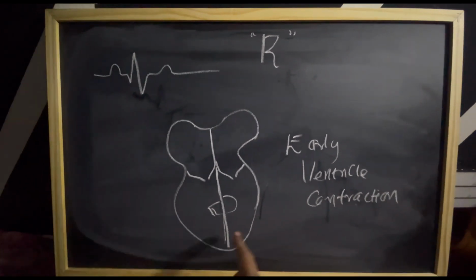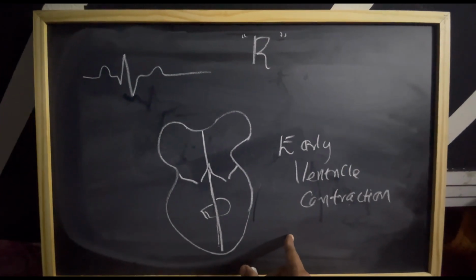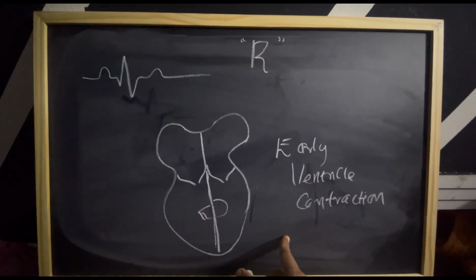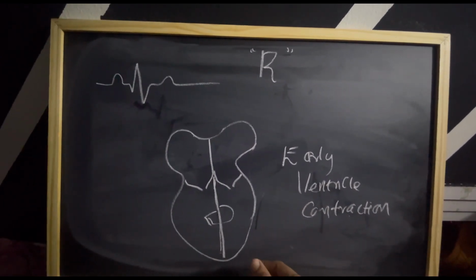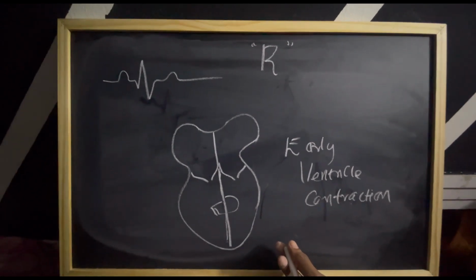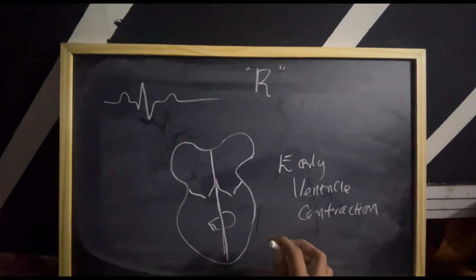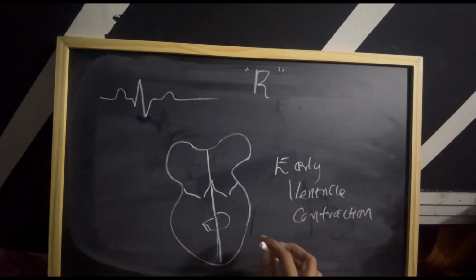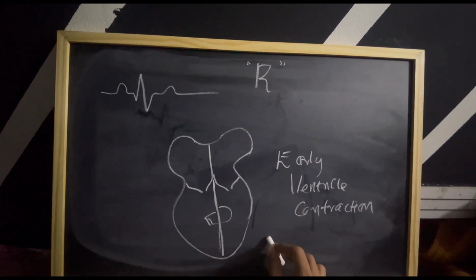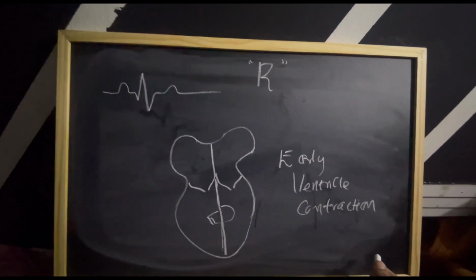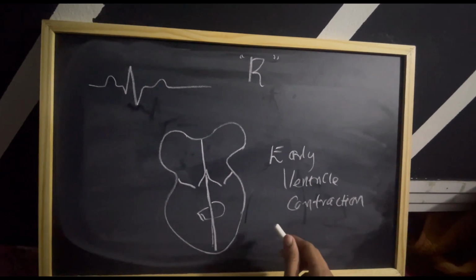There are some R wave abnormalities, and why they occur we can discuss in the upcoming videos. There is also a particular pattern of the R wave from the limb leads to the chest leads, called R wave progression, which is how the R wave morphology varies from lead to lead.